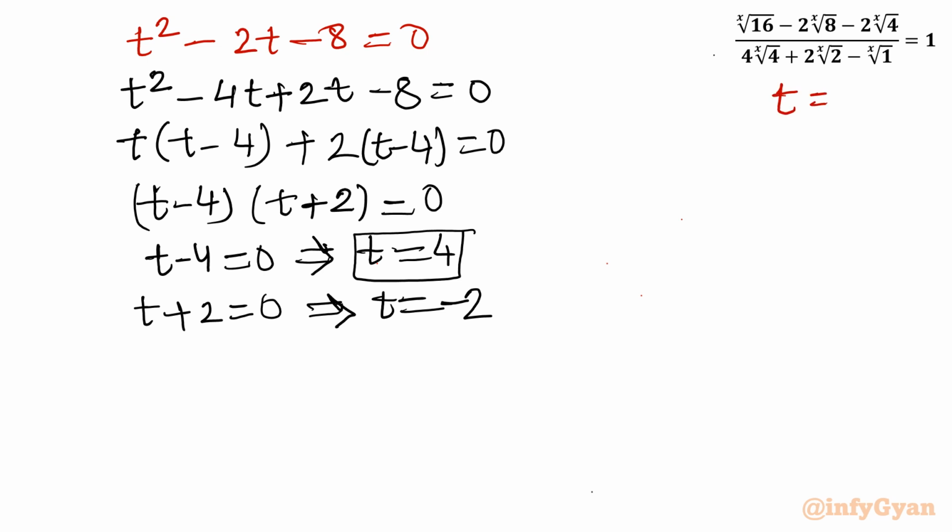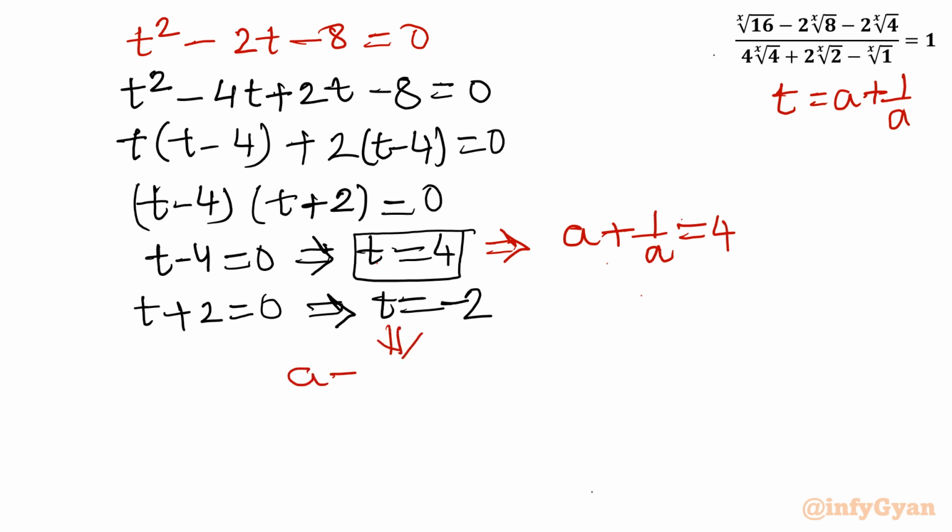Let me write here. So I will write this equation as a plus 1 over a equals 4, and we can write this equation as a plus 1 over a equals minus 2. Let's solve both the equations.